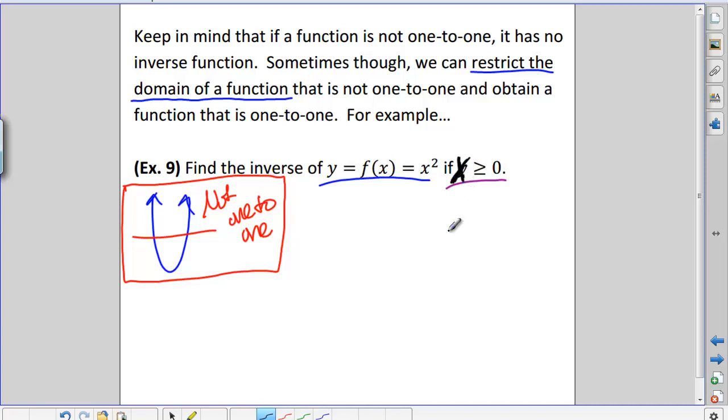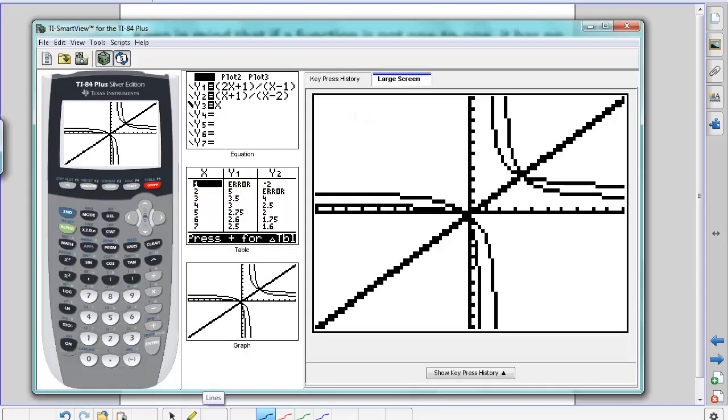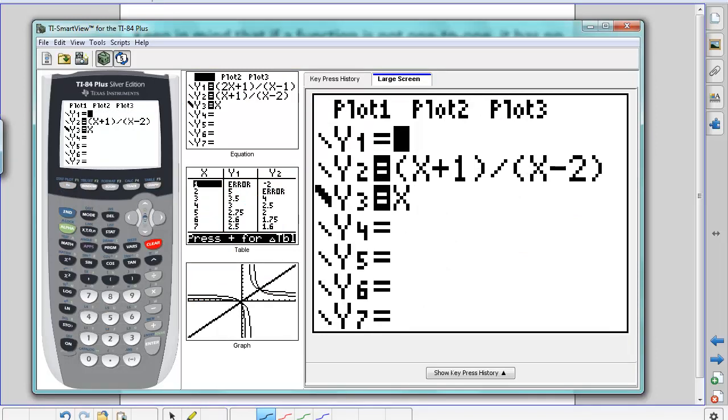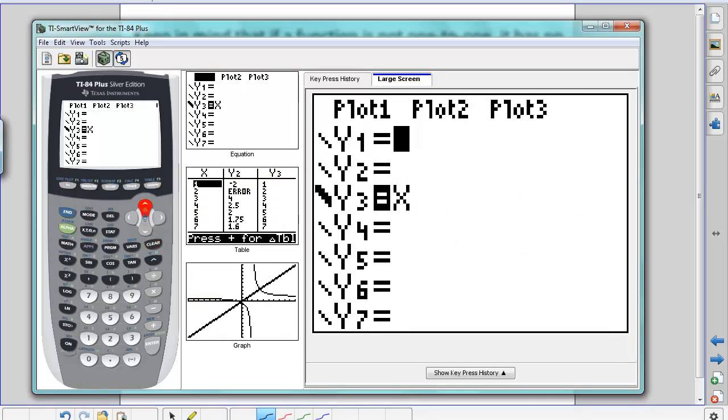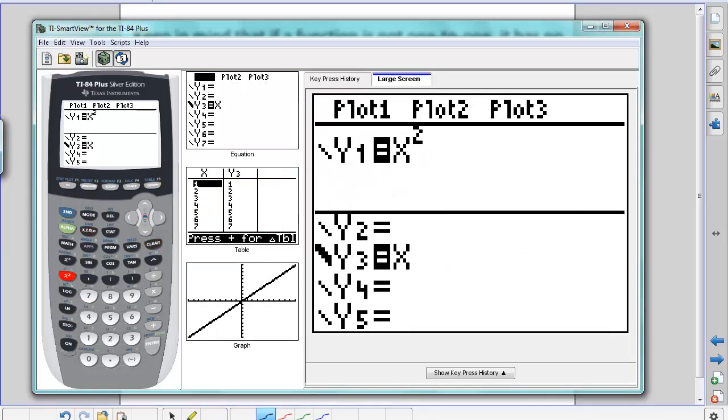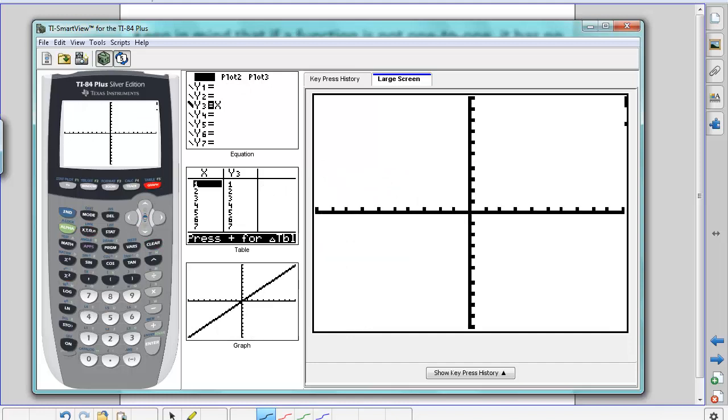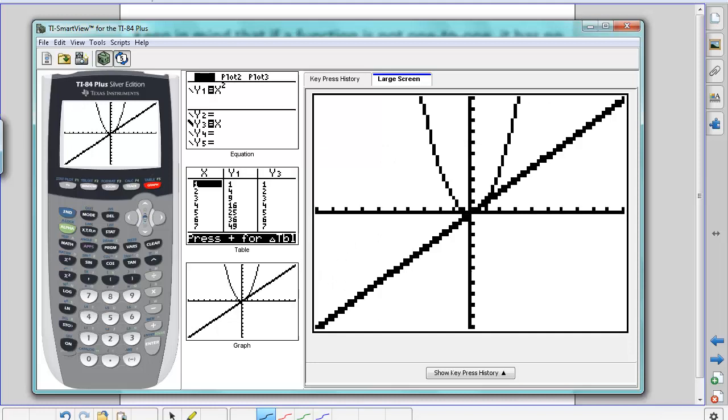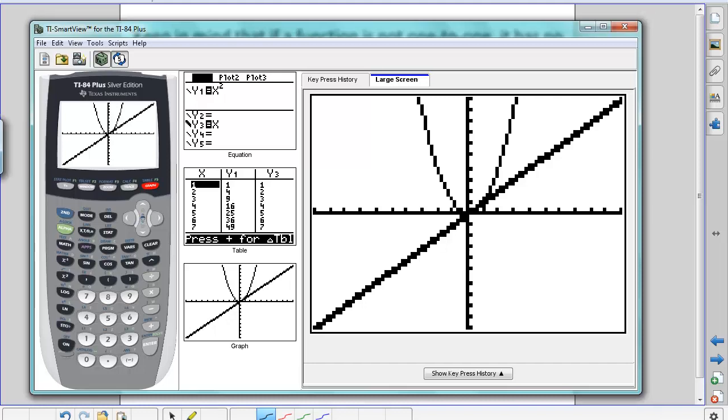Okay, and what we're doing is we're basically taking that parabola. Here is x squared. Of course, it's not one-to-one. But what we're going to do is we're just going to get rid of the left half of the graph.